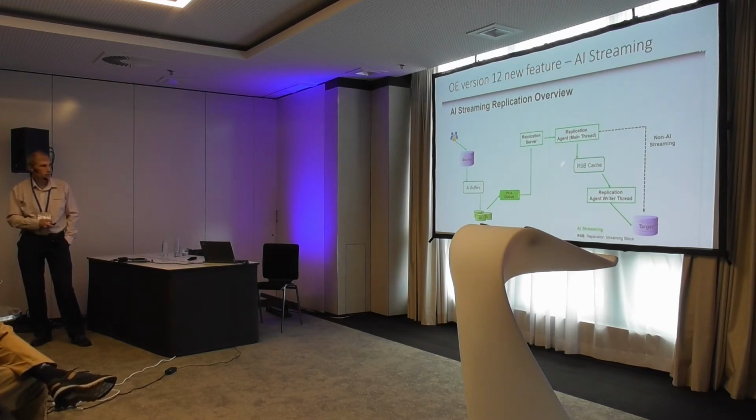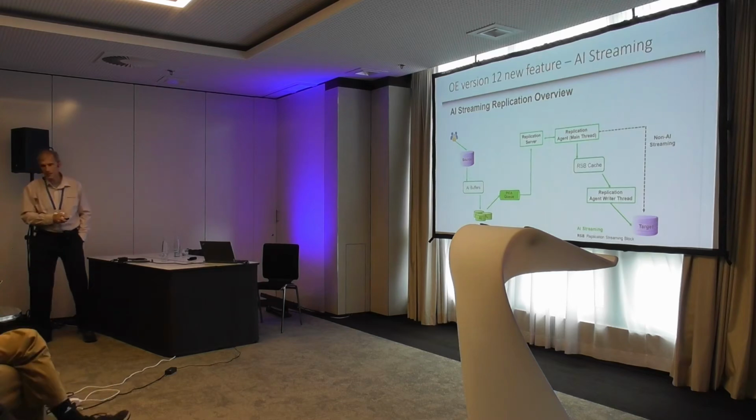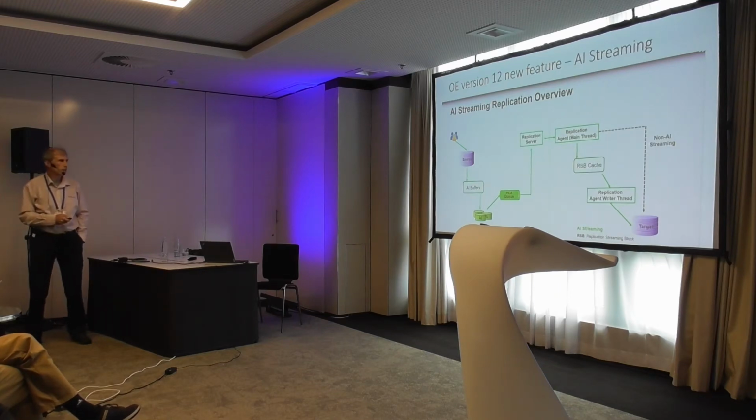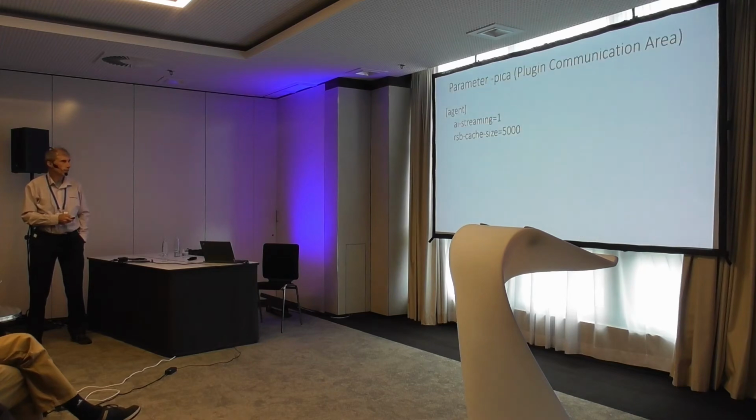And that is good because if something happens with the replication, your changes, even if they're not applied to the target database, are still on a target server already. So if you lose your primary database, primary server, they will still be applied. So in this way it is better than version 11.